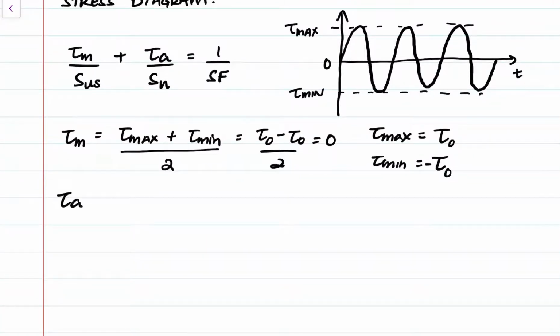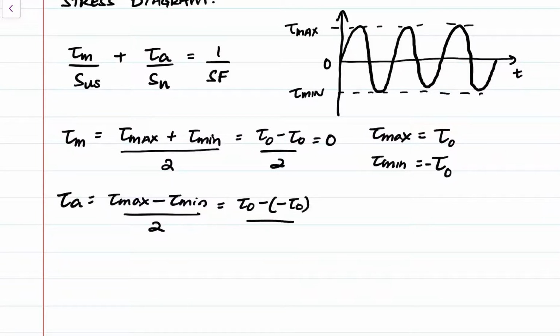And the alternating stress is your maximum stress minus your minimum stress divided by 2. Again, that's the amplitude of your waveform. That's equal to tau naught minus negative tau naught over 2, which is equal to tau naught. So because tau mean is 0, this term drops out.